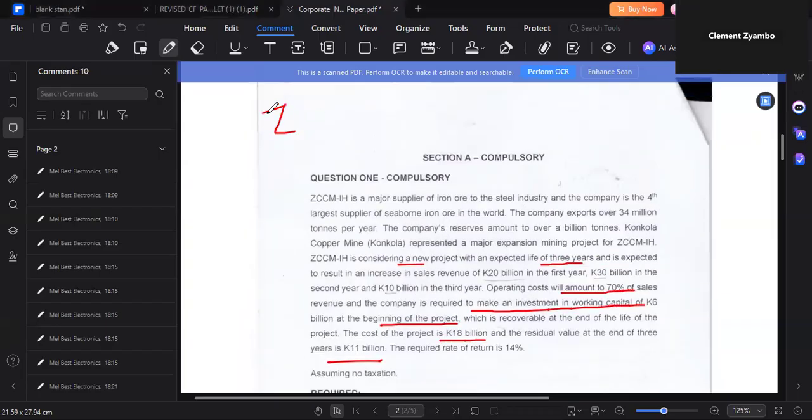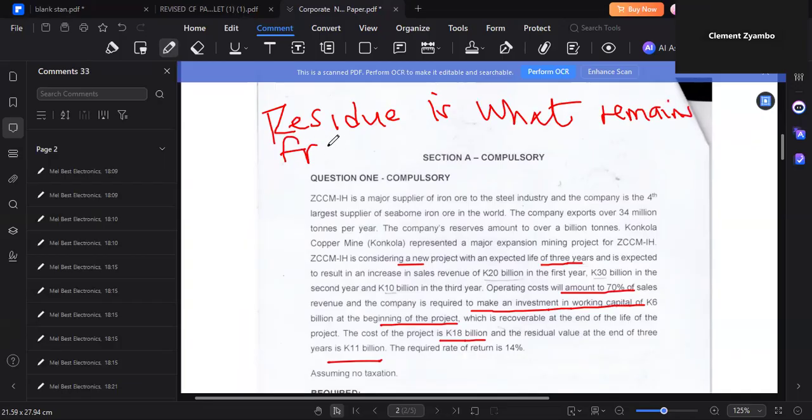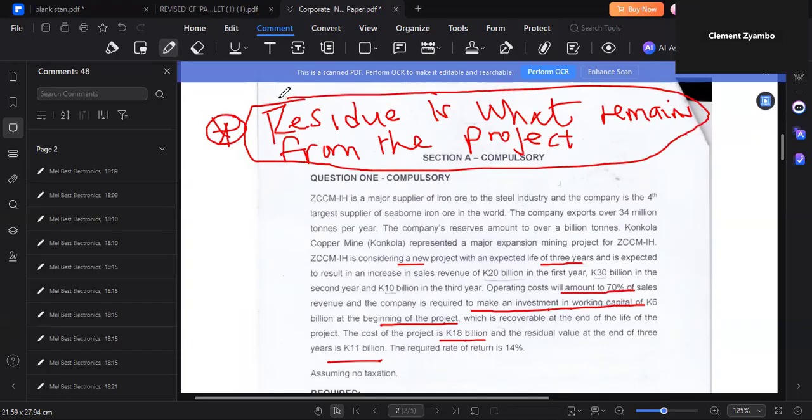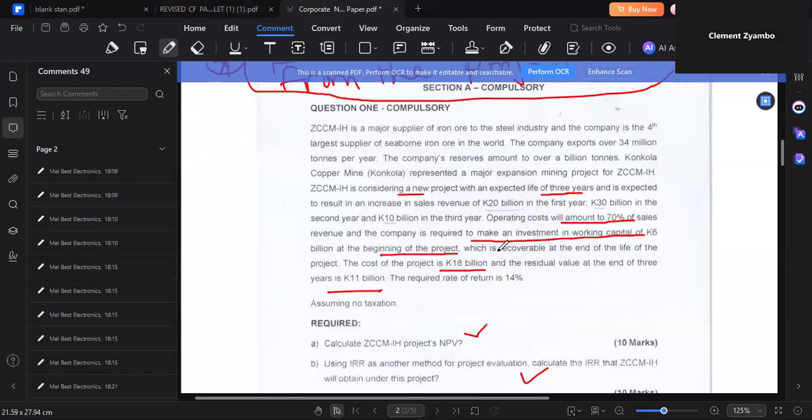Residual value is what remains from the project. All right, so we have that one. Okay, so 18 billion, 11 million is what remains.